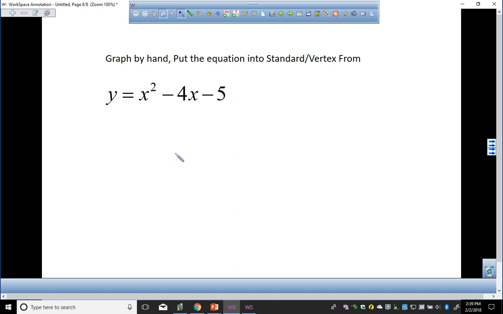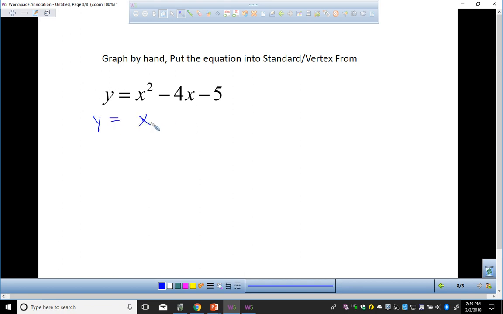You have to complete the square, okay? I don't know if you guys remember completing the square, but basically you want to write this as y equals (x minus, you take b, and you divide it by 2, okay?